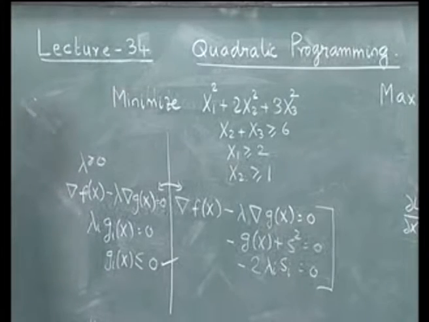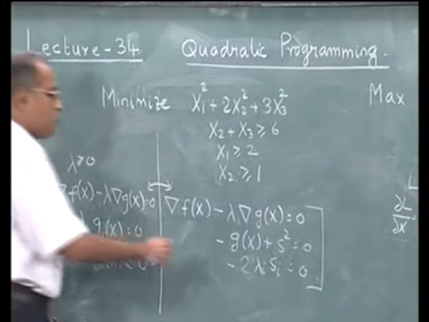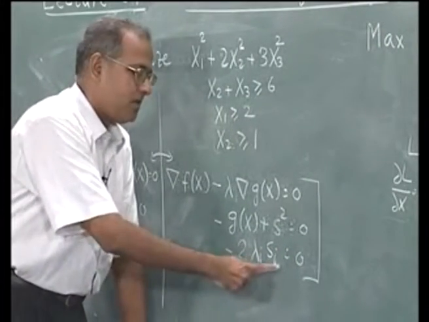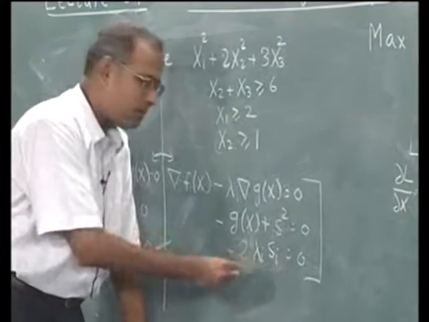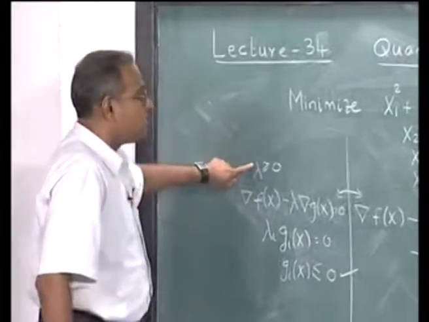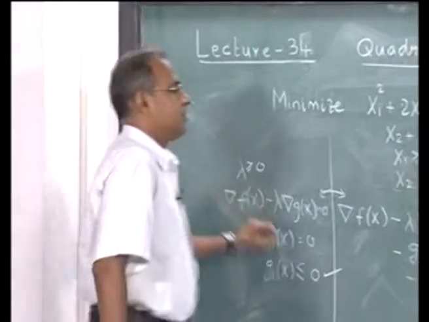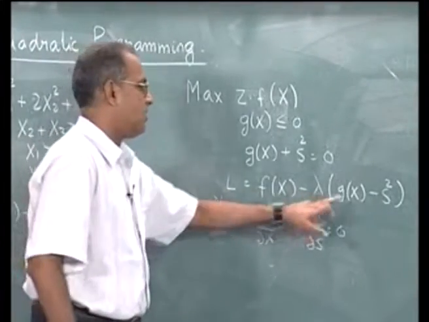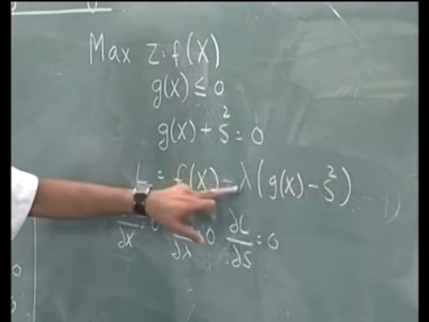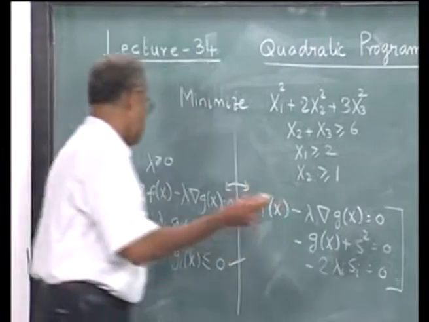So, the only other thing that we have actually left out is lambda. This would tell us either lambda is equal to 0 or s_i equal to 0 or both equal to 0. So, when lambda is strictly greater than 0, g of x is equal to 0, and when lambda is 0, then g of x is less than or equal to 0.